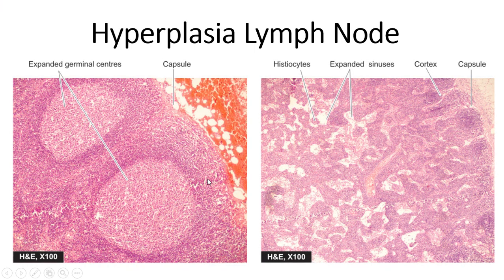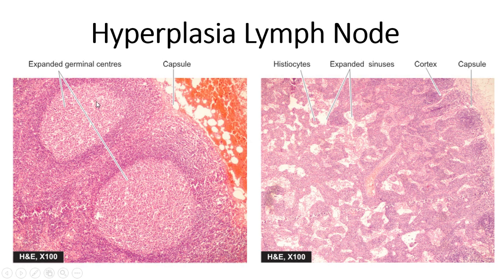Normally the proportion is 1 to 4 or 1 to 3. But in cases of hyperplasia, the germinal center will be expanded. As you see, this is the germinal center, and this is the surrounding lymphoid cells. This one here is less than that ratio.